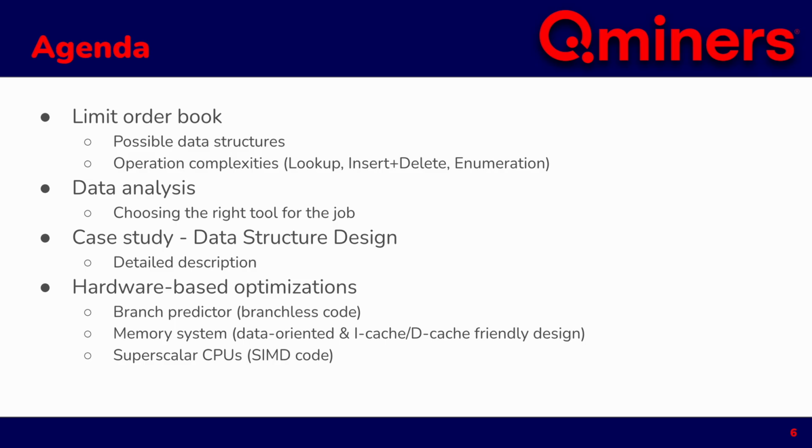Then I will show a data analysis from real trading to create some meaningful benchmark. And then we'll get into the actual case study, the design of the structure itself. And then we'll wrap up with some hardware-based optimizations, making the structure friendly for caches, prefetcher, and SIMD instructions.